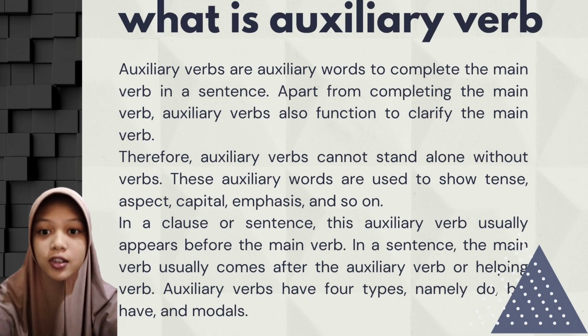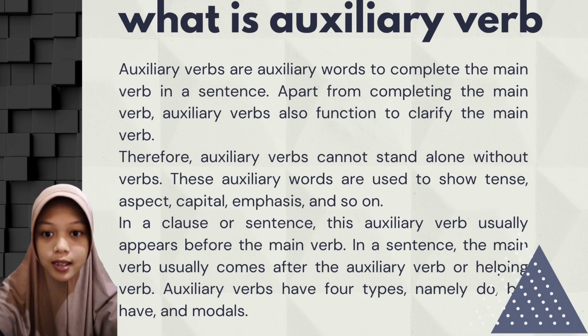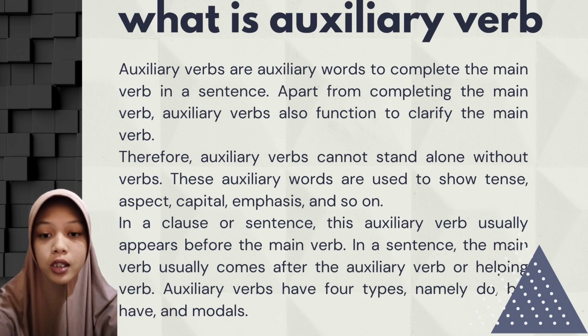Okay, next, auxiliary verbs are auxiliary words that complete the main verb in a sentence. Apart from completing the main verb, auxiliary verbs also function to clarify the main verb. Therefore, an auxiliary verb cannot stand alone without a verb. These auxiliary words are used to show tense, aspect, mood, emphasis, and so on.